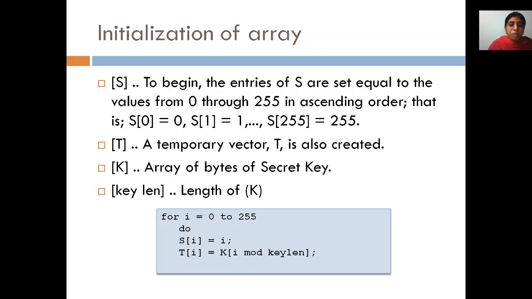In the temporary vector we assign all the key values. If the key is shorter than the required length, we repeat it till the end.